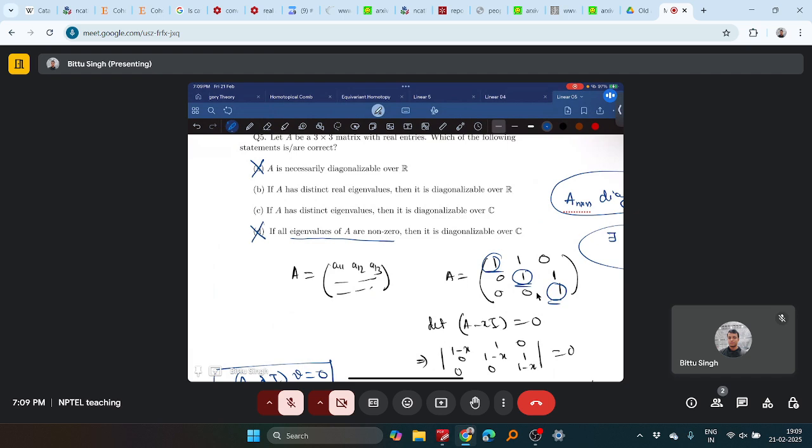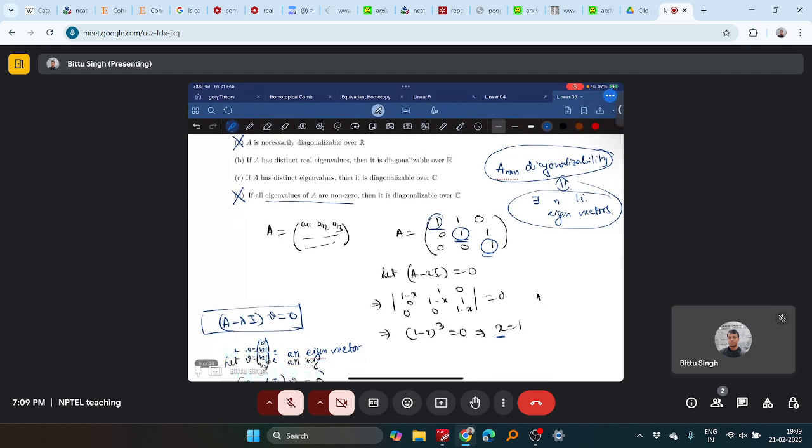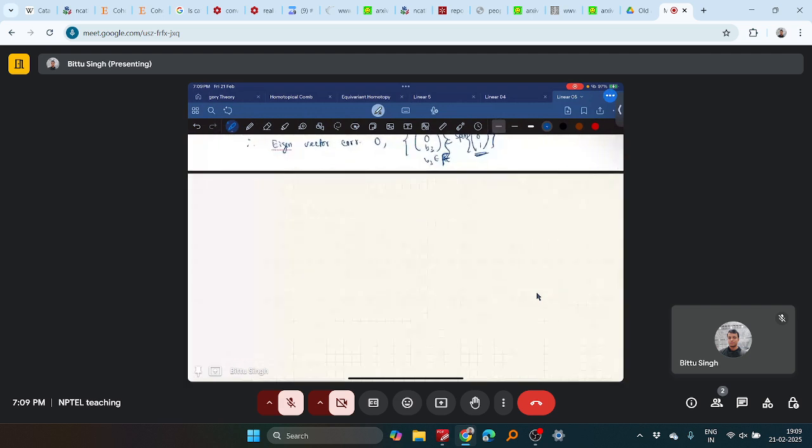So this is also false. It is not diagonalizable. We have already seen this case. Now the third option: A has distinct real eigenvalues. If A has distinct real eigenvalues, then it is diagonalizable. Is it true? Okay, let us see.